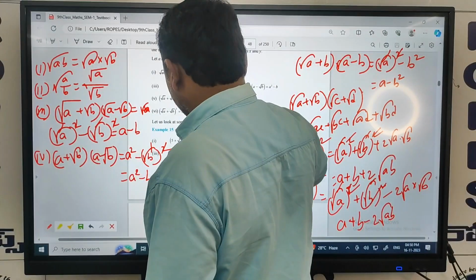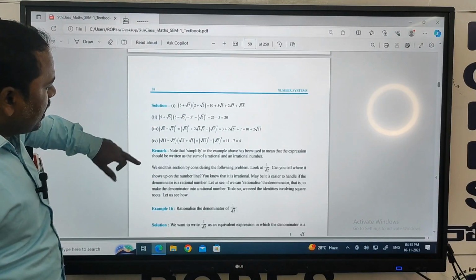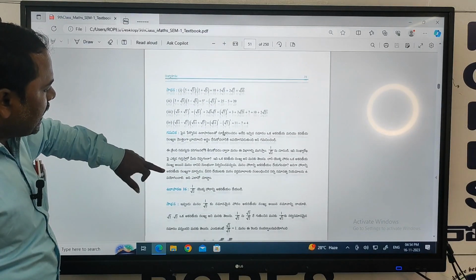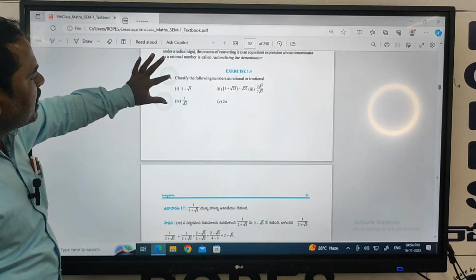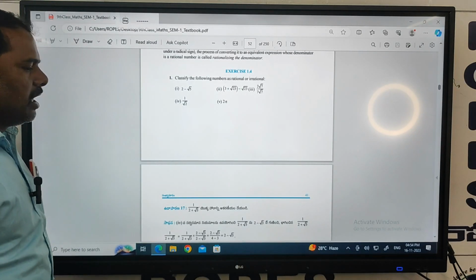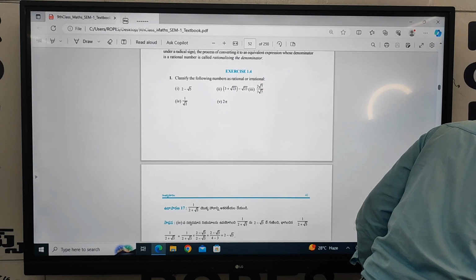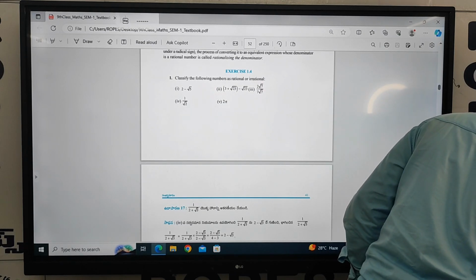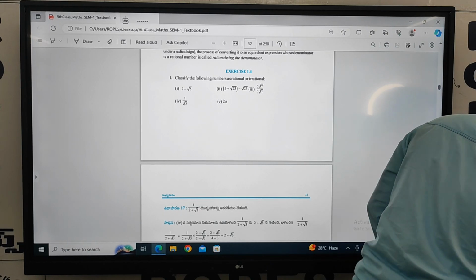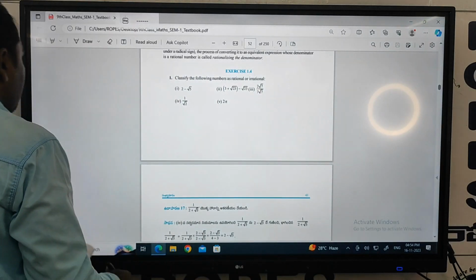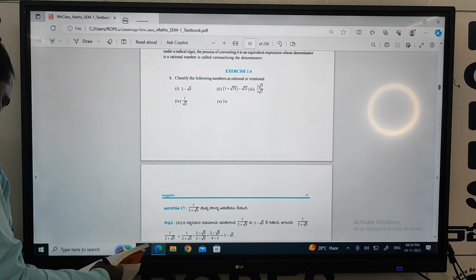See here, in our exercise 1.4, they have given this. Now we will solve this, based on this, how to solve the irrational problems.